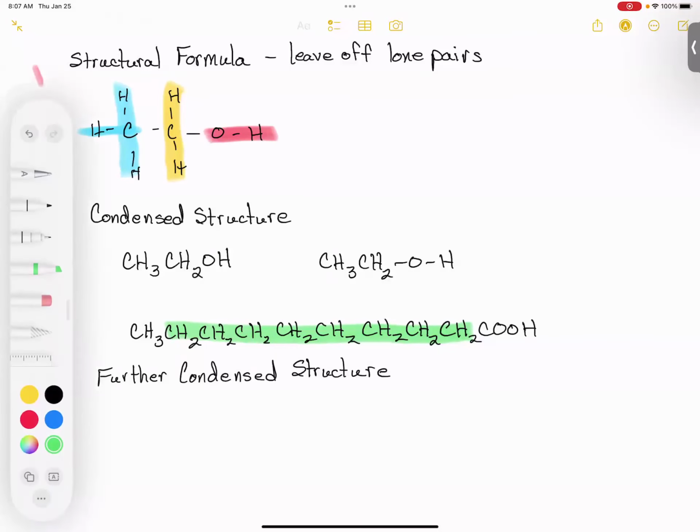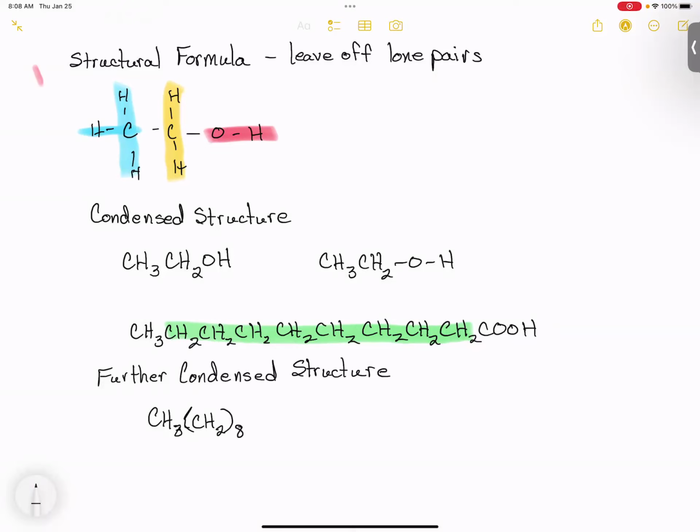So instead of writing out the entire thing, we'll write out the CH3, but then we'll open a parentheses and say, okay, there's CH2, close parentheses, how many CH2s? Well, there's 1, 2, 3, 4, 5, 6, 7, 8 of them. And then we've got the COOH.